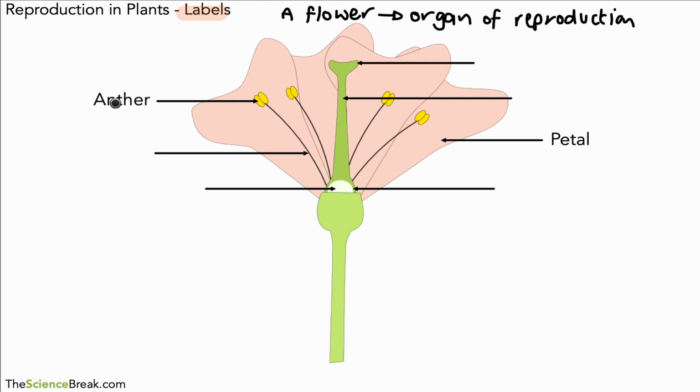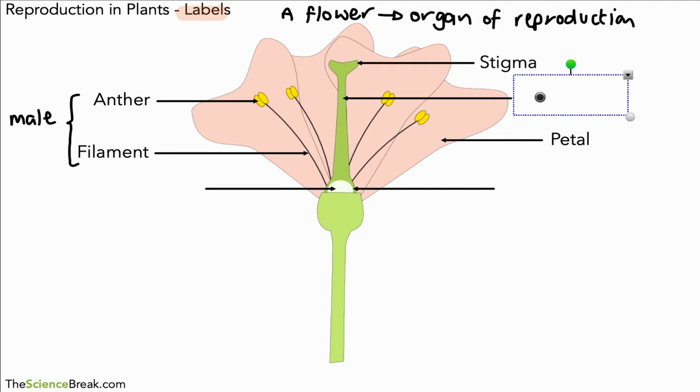Over this side we have that little yellow bit at the top called the anther and a filament. And these are commonly described as the male parts of a flower. Over the other side we have something called the stigma and the style. And these are often referred to as the female parts of the plant. So this flower has both male and female parts.